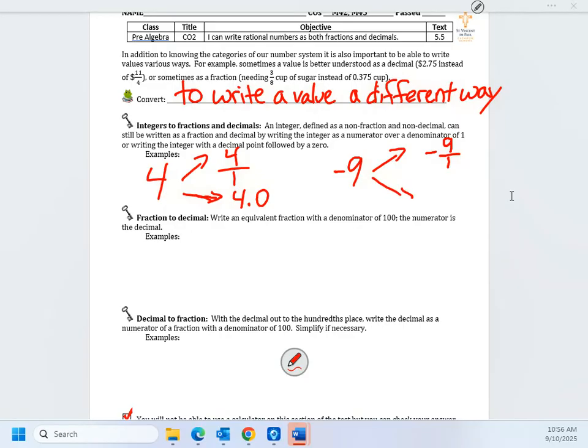How do I make that -9 into a decimal? AJ? It would pretty much just be the same as the positive, but -9. Yeah, we just put that decimal followed by a 0. Keep it a -9. Don't drop off the negatives. I keep saying it because it's a common mistake that people make.